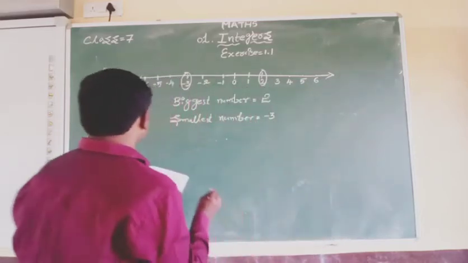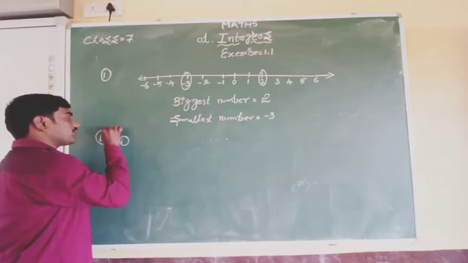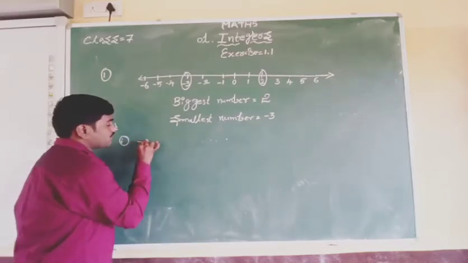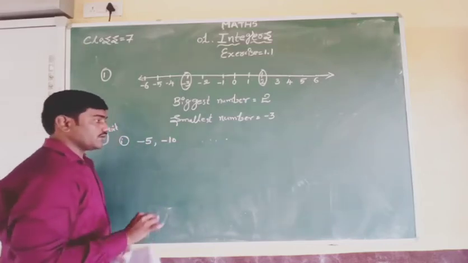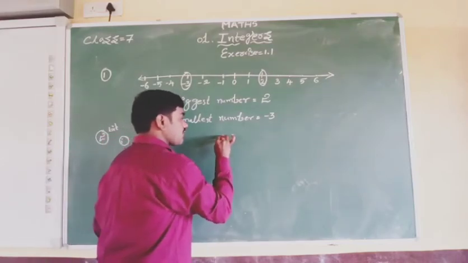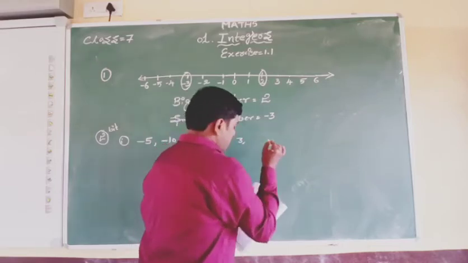Okay, let us see the first question in the second bit. There are four internal questions. The first question is minus 5 comma minus 10. The second question is 3 comma minus 2.